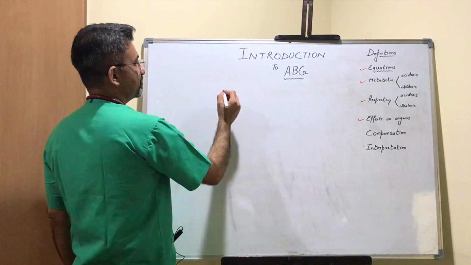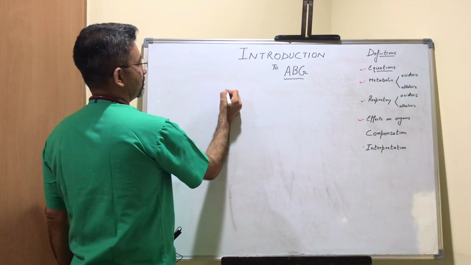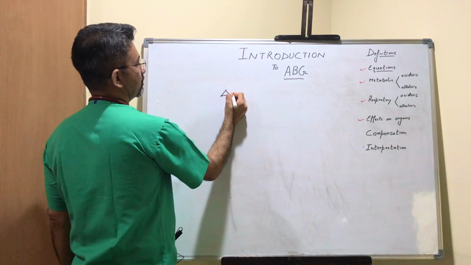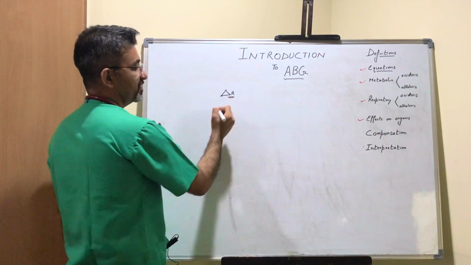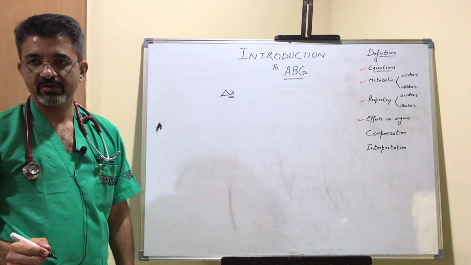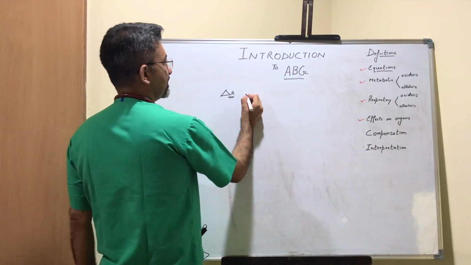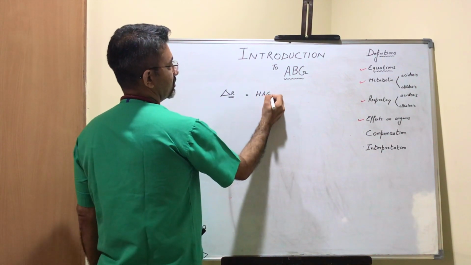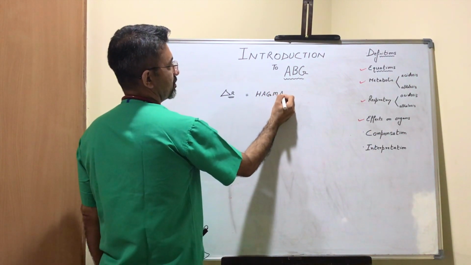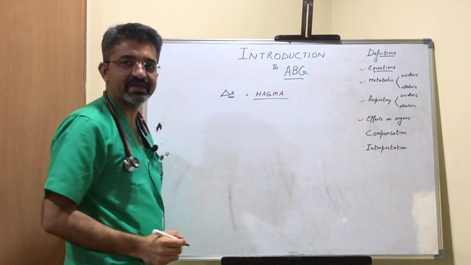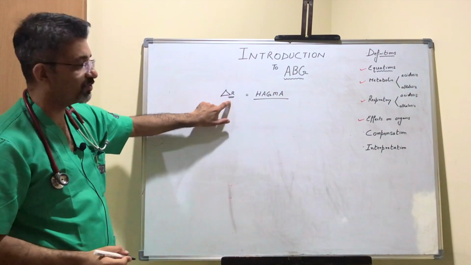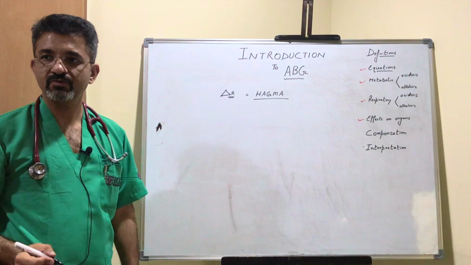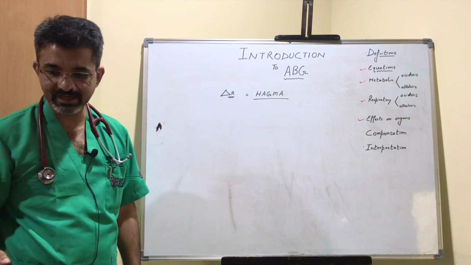The second concept I want you to understand is the delta ratio. It is very important. Whenever you encounter an ABG with a high anion gap, HAGMA, all the examples of MUDPILES, you have to calculate the delta ratio. It is mandatory. How to calculate?